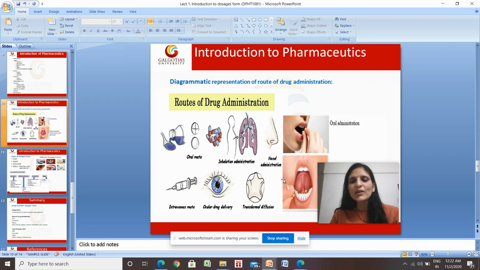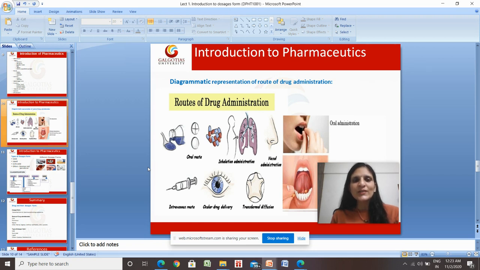And buccal route is a route in which drug is administered in between the cheeks and gum section. This is a cheek pouch. So in the cheek pouch section, this route is known as buccal route. So these are the different routes of drug administration.